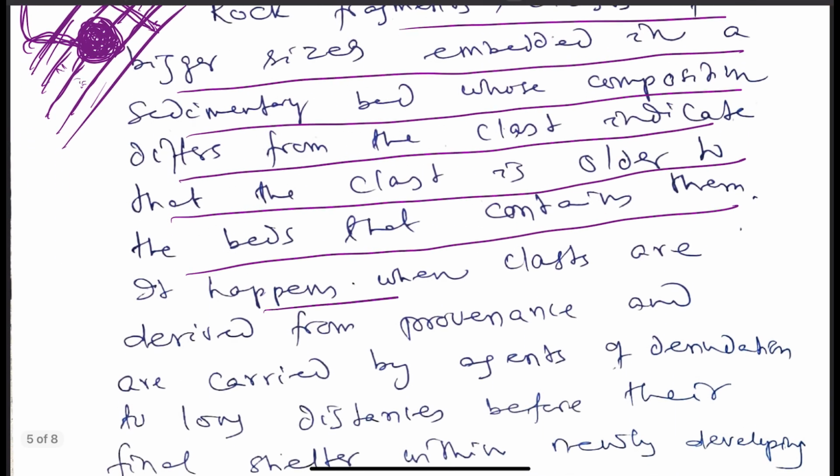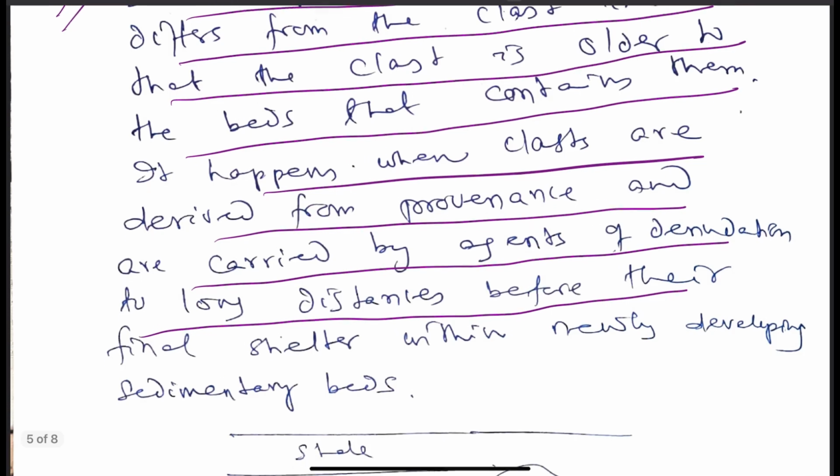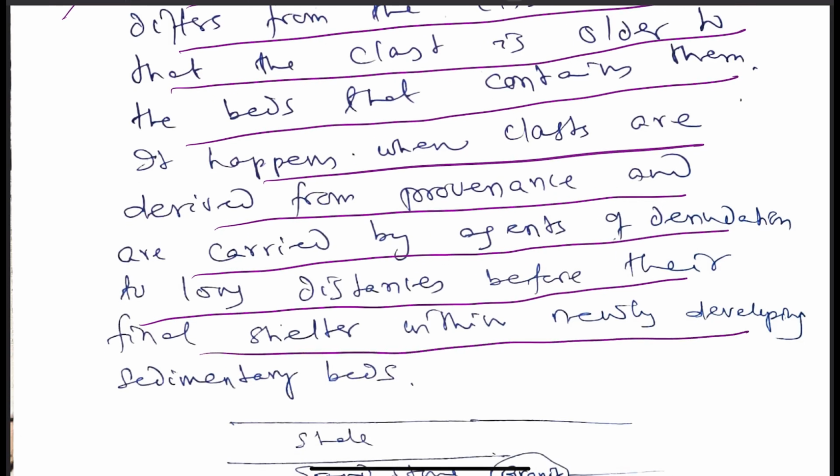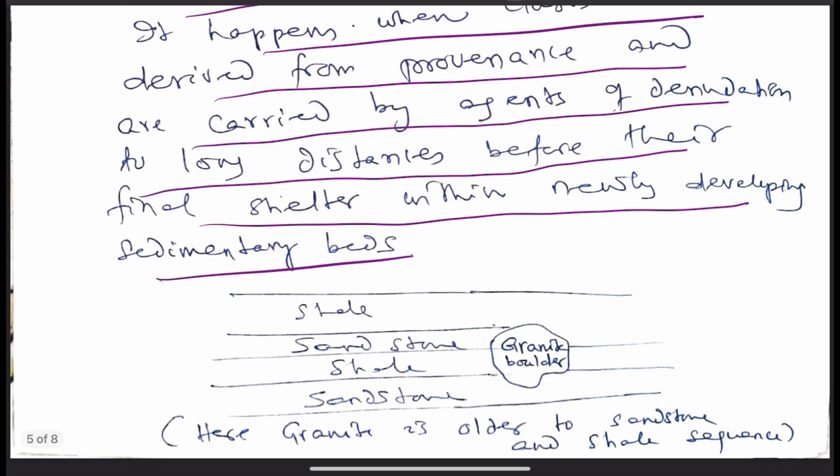It happens when the clasts are derived from provenance and are carried by the agents of denudation to long distances before their final shelter within the newly developing sedimentary basins. So let us say this is a granite boulder. This is a sedimentary sequence.